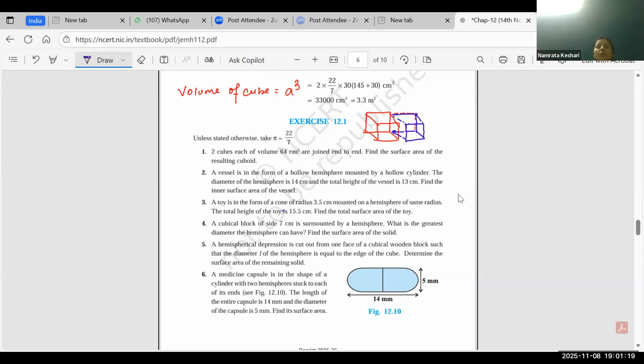Can you see how it is joined end to end? Two cubes, each of volume 64 centimeter cube. If the volume is given as 64 centimeter cube, we can find the side of the cube. The side of the cube will be the cube root of 64, which is 4 centimeter.